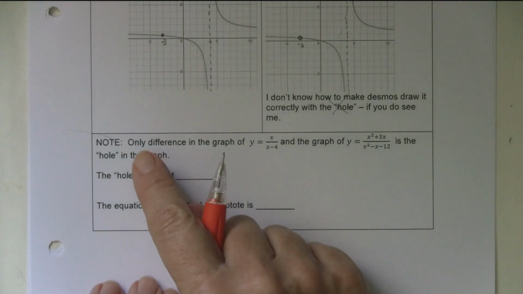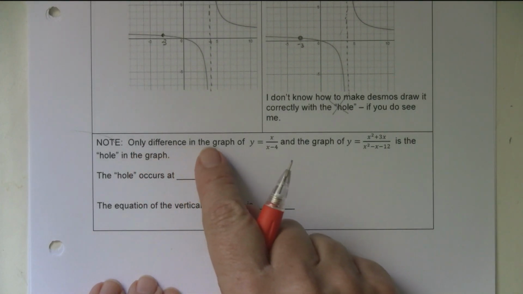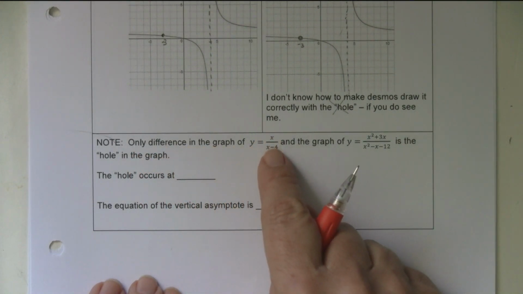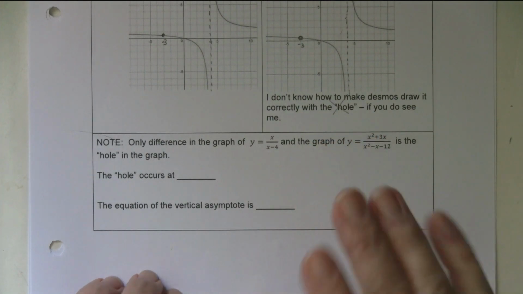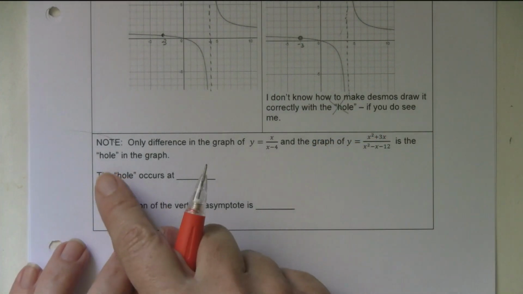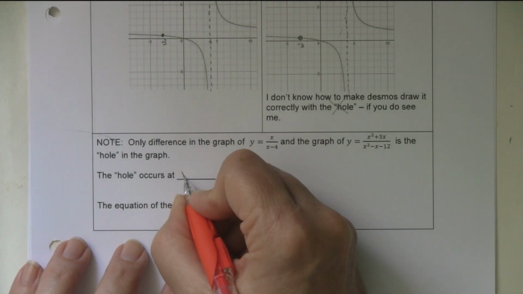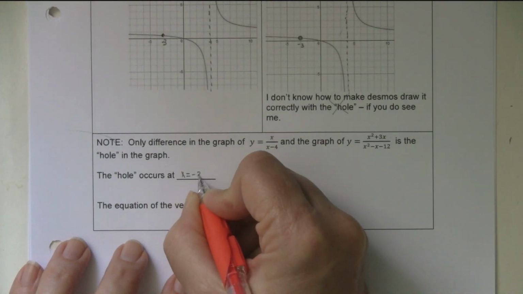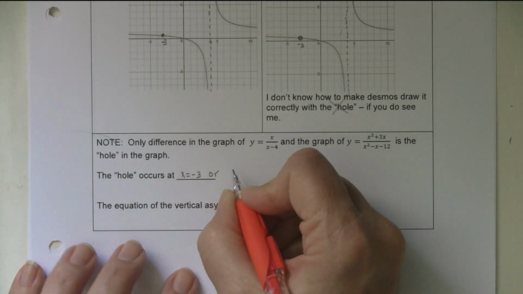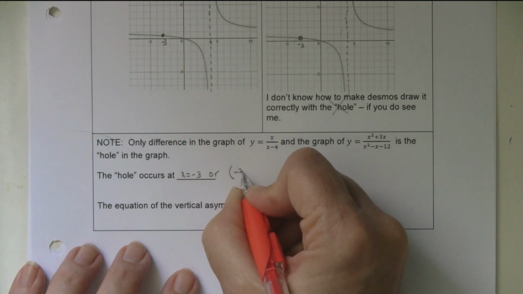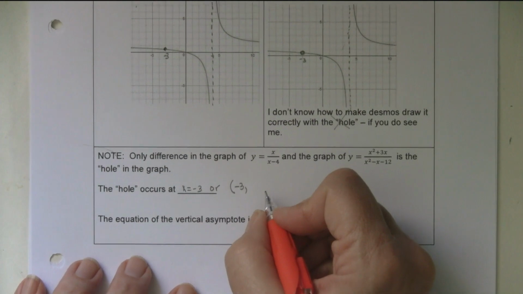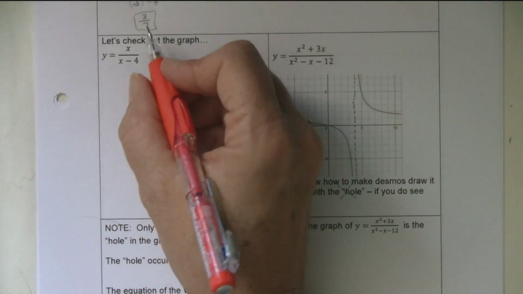Okay. Note, the only difference between the graph of y equals this and the graph of this, just to make sure everyone is with me, is that there's a hole in the graph that occurs at x equals negative 3, or you could write this as an ordered pair, and I think this is what they were wanting, the ordered pair here.